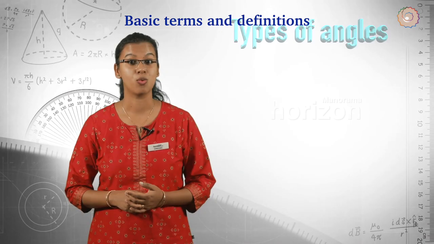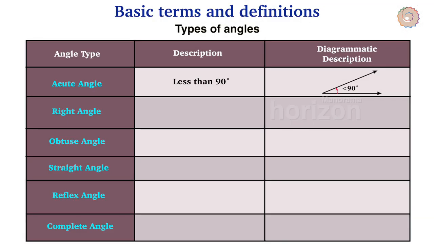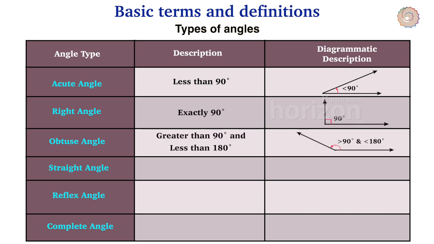Now let's see what the types of angles are. An acute angle measures between 0 degrees and 90 degrees, whereas a right angle is exactly equal to 90 degrees. An angle greater than 90 degrees but less than 180 degrees is called an obtuse angle. Also, a straight angle is equal to 180 degrees.